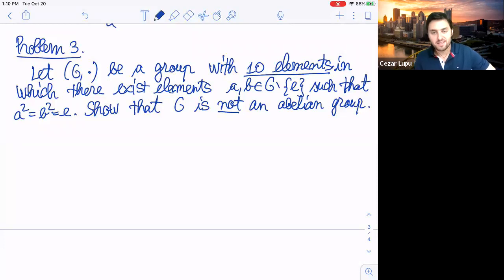So G is not an abelian group. For G to be an abelian group, all elements must satisfy this property. So show that this is not an abelian group. It's related to that problem. So think about it for a bit.